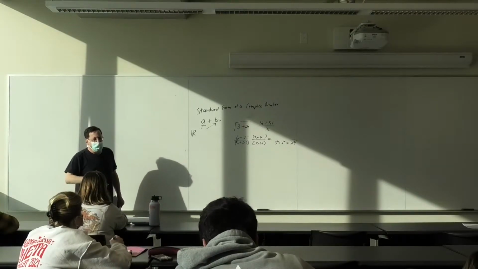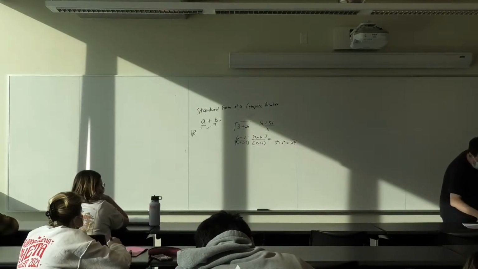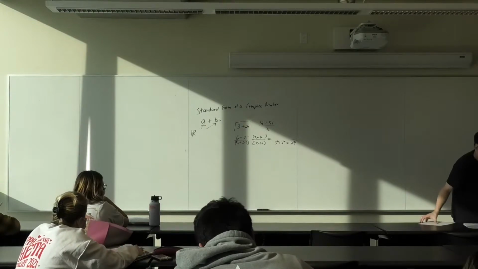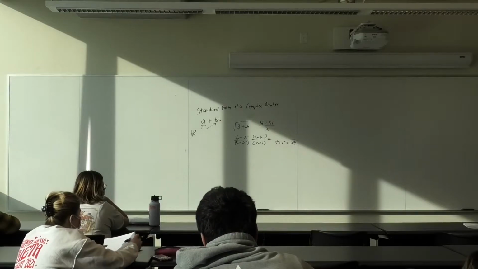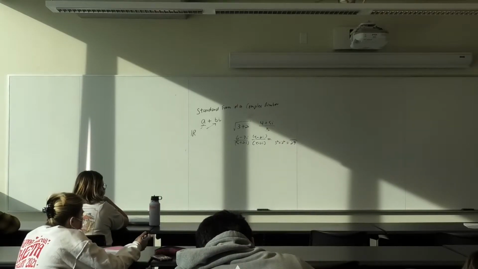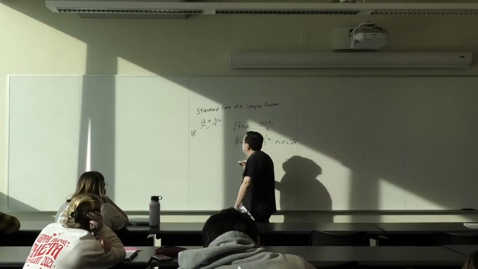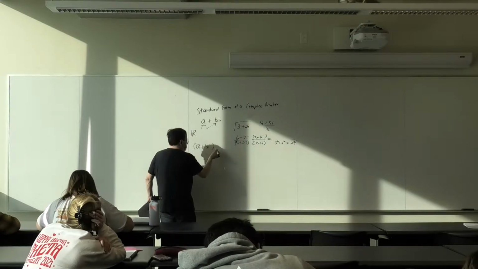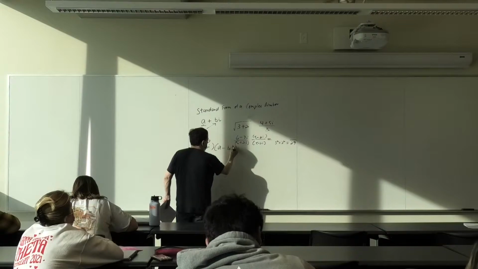The other is just kind of a subtle one. We saw that if you have a plus bi, its complex conjugate is a minus bi.